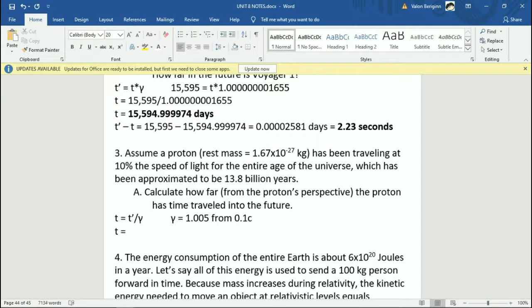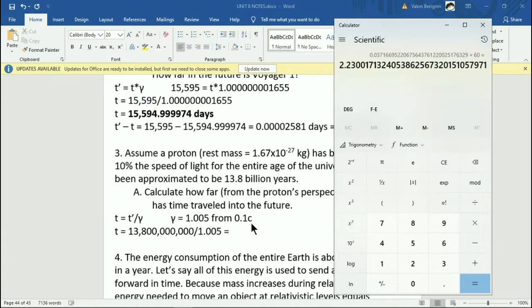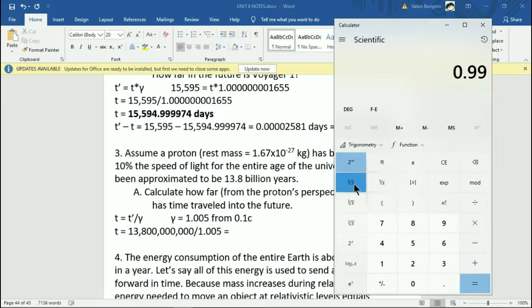Our t prime is 13.8 billion. So that's 13.8 billion divided by 1.005. Let me quickly double check this to make sure my numbers are right. There it is. Okay, so that's the more accurate number for gamma.